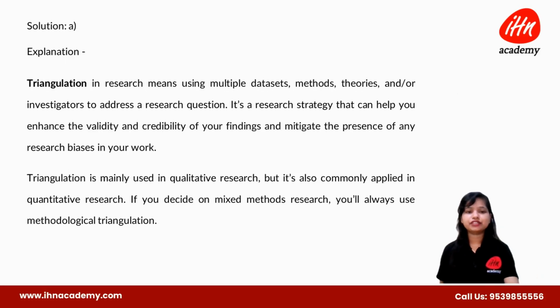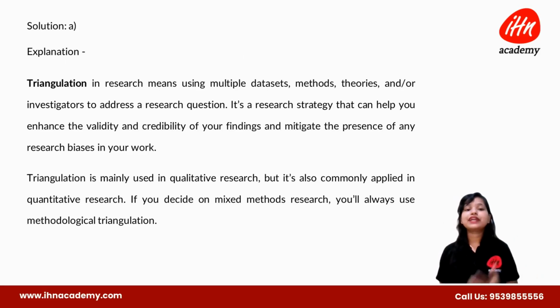Let me show you the explanation so that you can understand. Triangulation in research means using multiple data sets, methods, theories, or investigators to address the research question. It's a research strategy that can help you enhance validity and credibility. To get higher quality, we include different methods, different perspectives, and different theories.